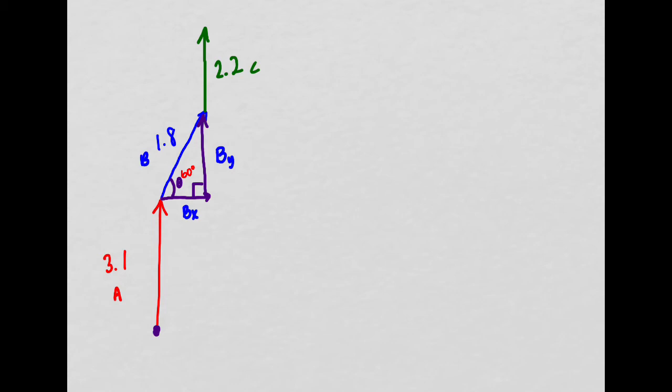Sine of 60 equals the opposite, which is B_y, over the hypotenuse, which is 1.8. If I rearrange that, I get sine 60 times 1.8 equals B_y. Then I plug that into the calculator, and I find that B_y equals 1.6.